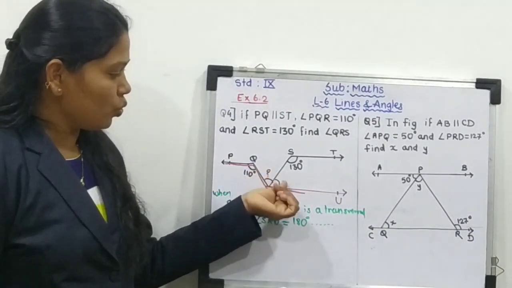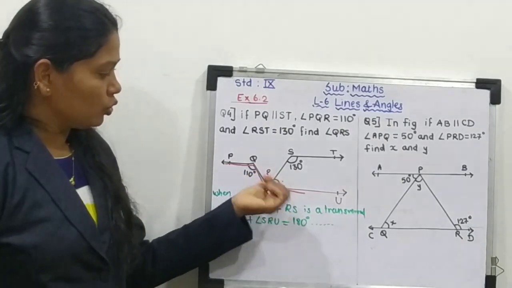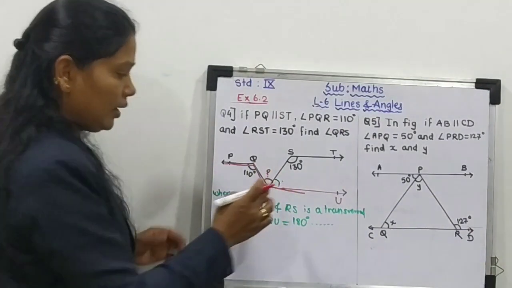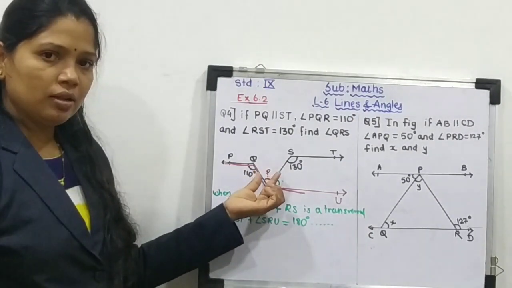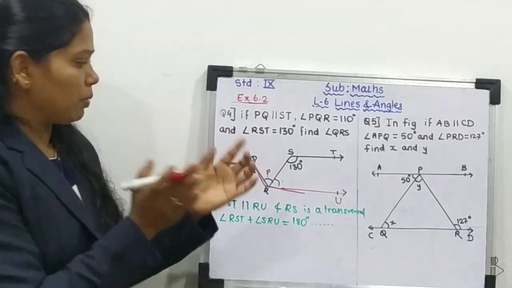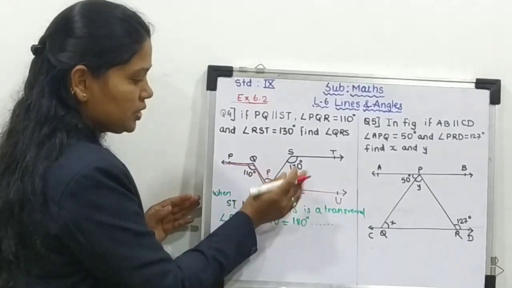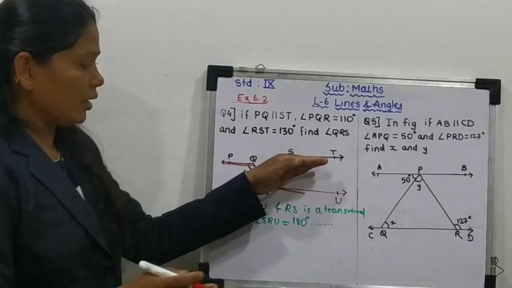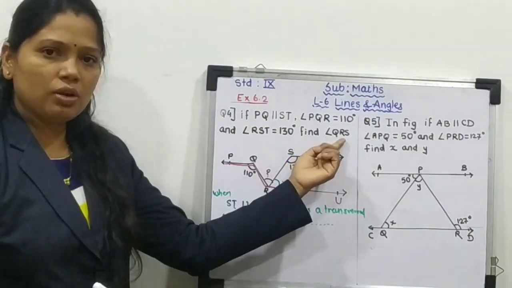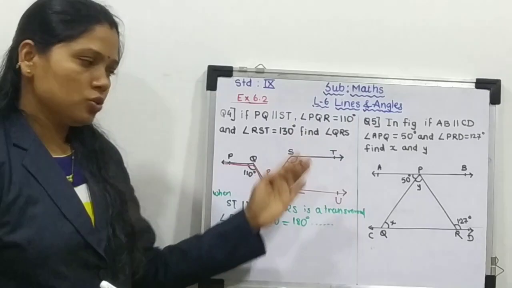So this whole angle will be 110. Now we know this angle, and we know the whole angle. Can we find out this angle? From the whole part we are going to subtract the smaller part. If we subtract this part from the whole, we will get angle QRS, which is required. Understood? Solve it.